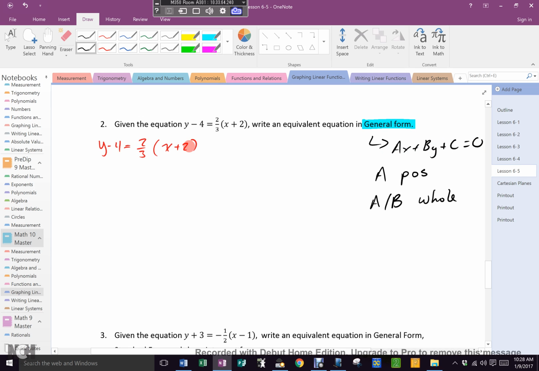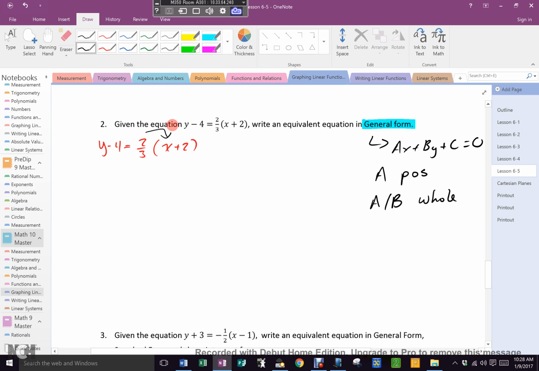No. What else is here that isn't allowed here? Brackets. I got to get rid of those brackets, yes? I got lots of ways to get rid of those brackets, right? I can distribute, right? Or I can get rid of that fraction right away.